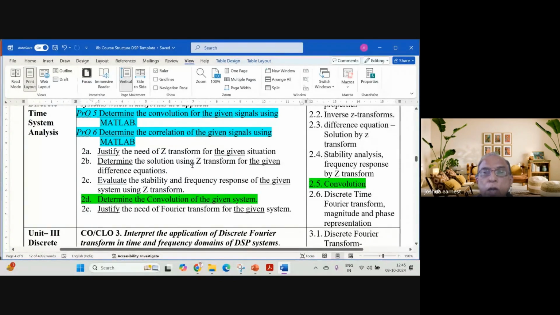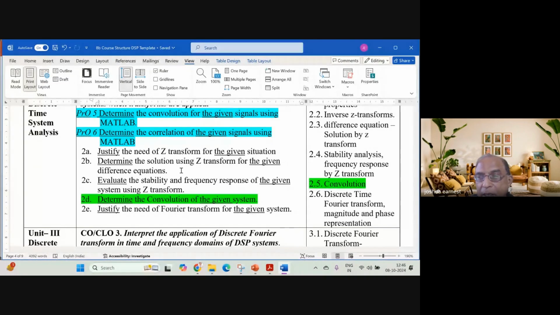So you cannot have outcomes with describe, explain, list. You cannot use that, because the industry will not give you salary for explaining and describing. The industry will give you salary only for justifying, determining, finding.